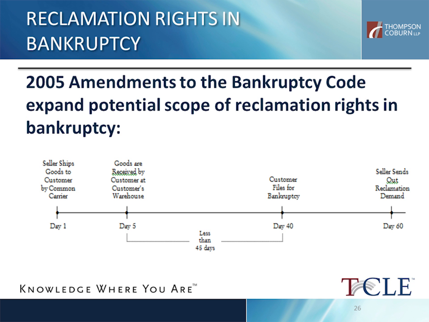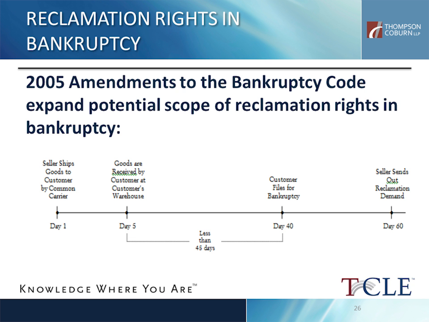Similarly, I'll just mention as an aside that the courts have also uniformly held that the automatic stay doesn't prevent suppliers from stopping goods that may be in transit at the time a bankruptcy is commenced. In 2005, there were some significant changes to the reclamation provisions in the Bankruptcy Code.